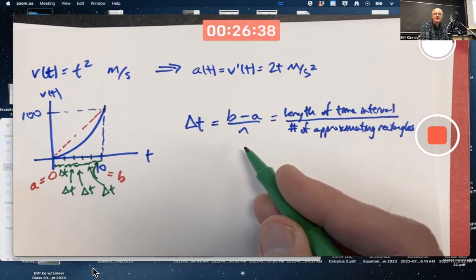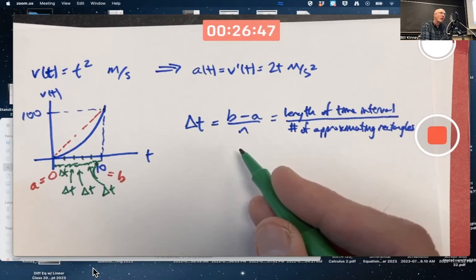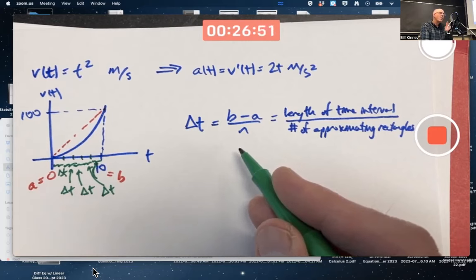Is that small enough? It's not terrible, but we can do better. We could do delta t as 1, or delta t as 0.1 or 0.01 for more accuracy.